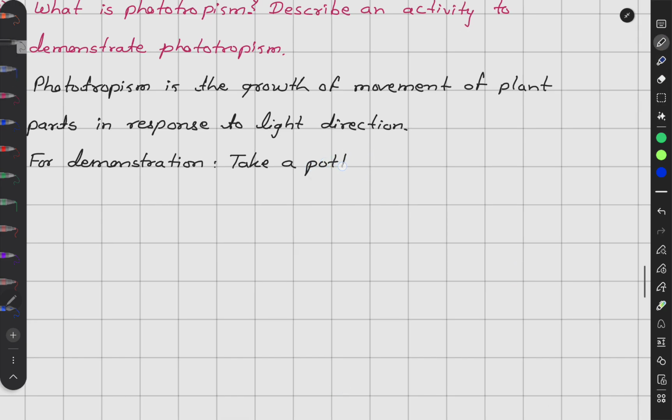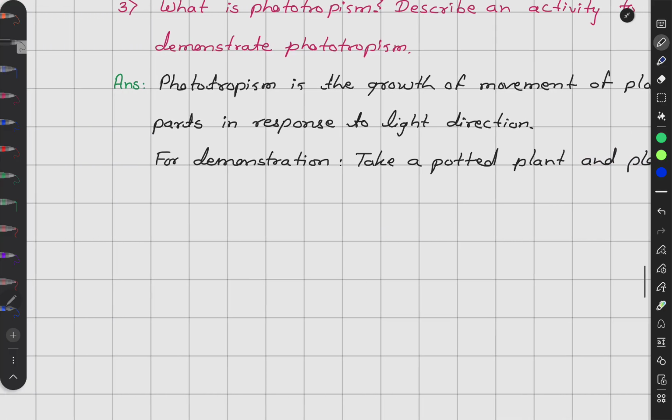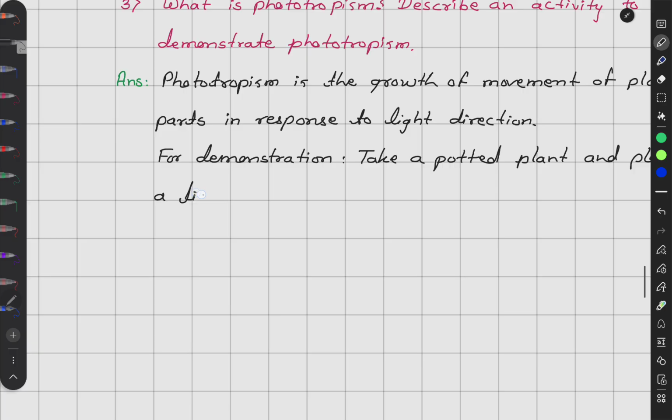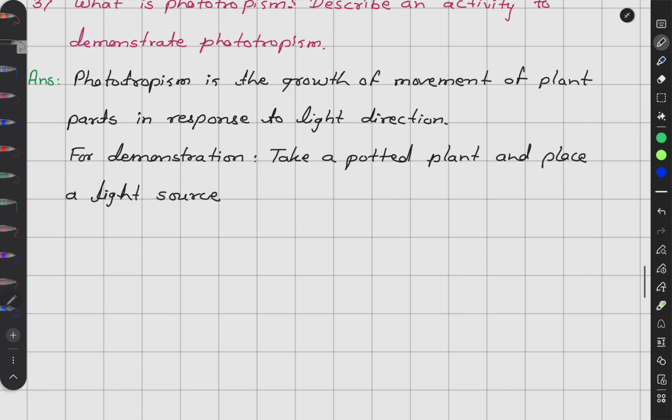Take a potted plant and place a light source at one side.